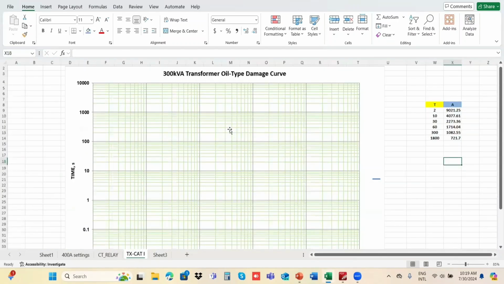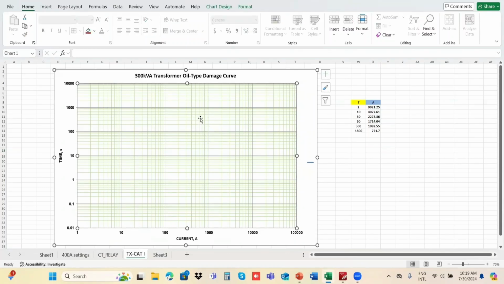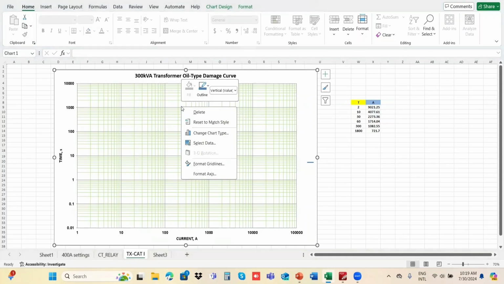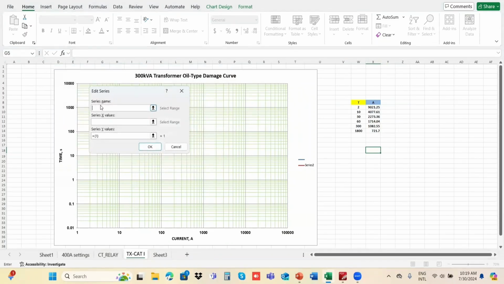So let's plot this, the time current characteristic, to this chart. So click to this chart, right click and select data. Then click add. So here the first box is series name.